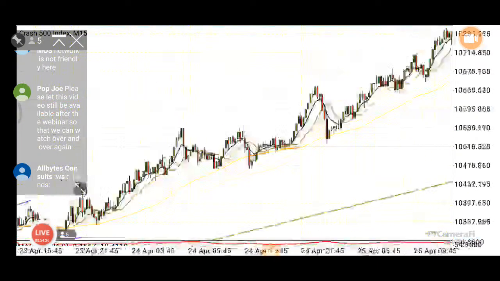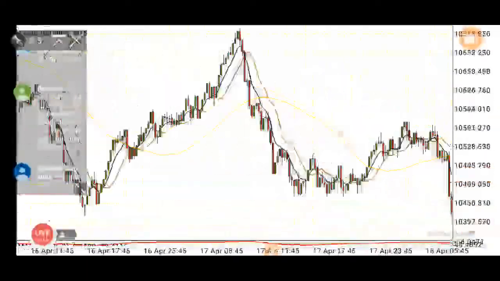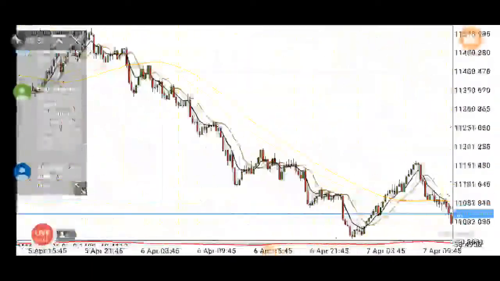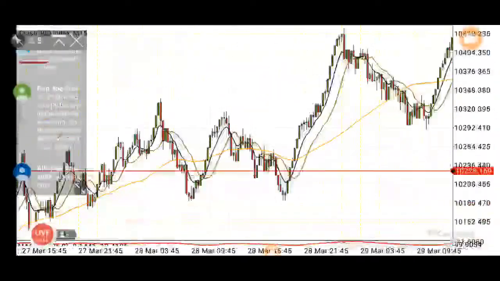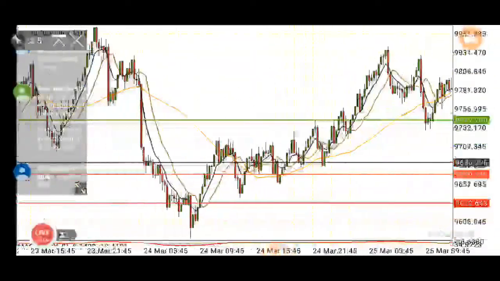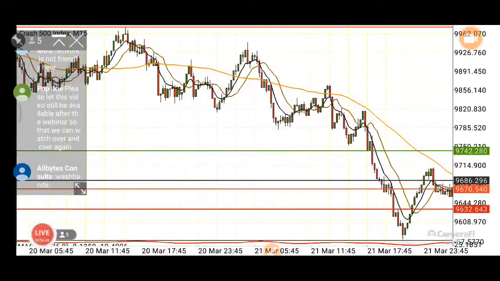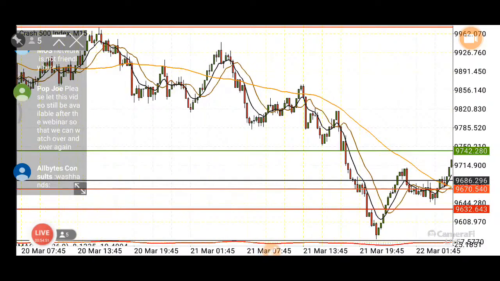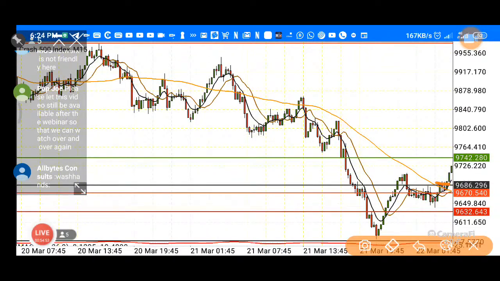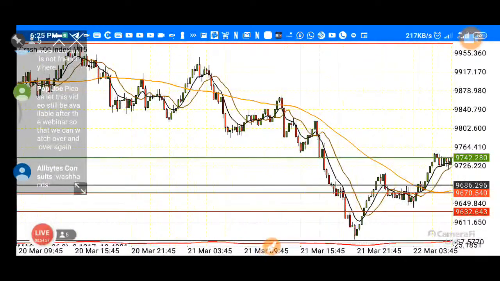Okay, remember, this was our entry on this black level. So what happened? Wow, can you see?